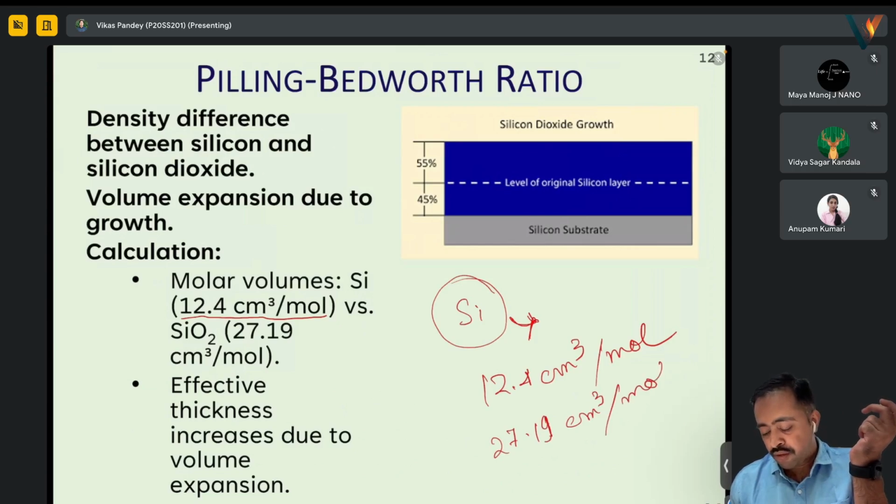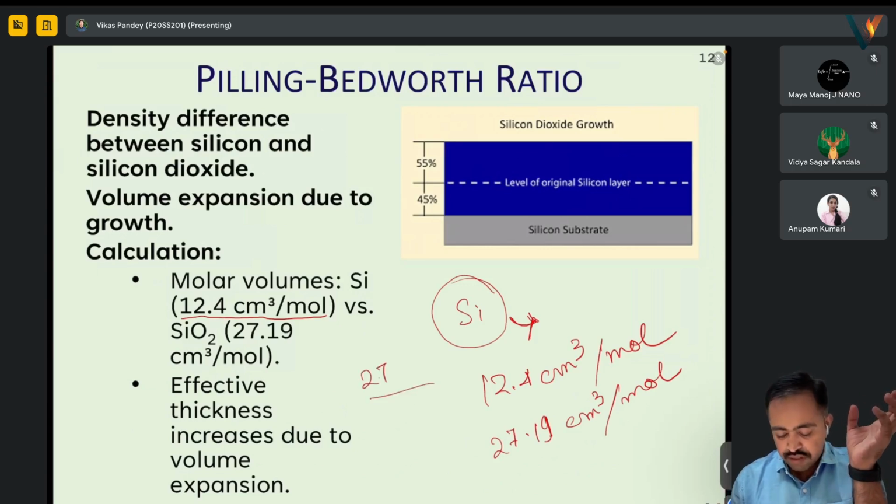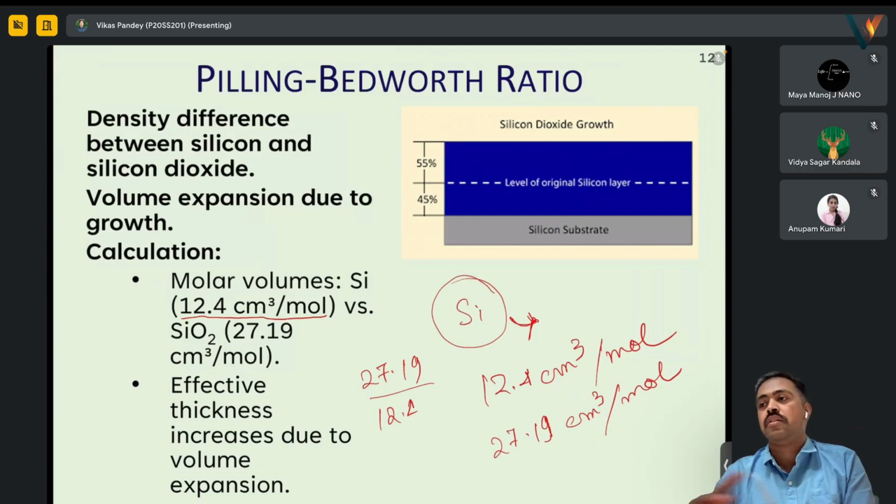So if you compare this, the ratio is something like, if we divide 27.19 by 12.4, how much is the value? Anyone? Yes, anyone?